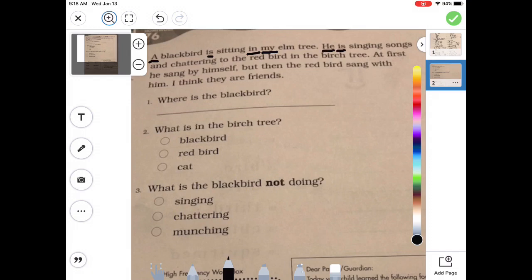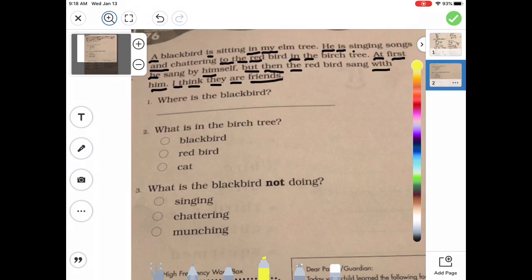He is singing songs and chattering to the red bird in the birch tree. At first, he sang by himself, but then the red bird sang with him. I think they are friends. Very good. Look at all those sight words.